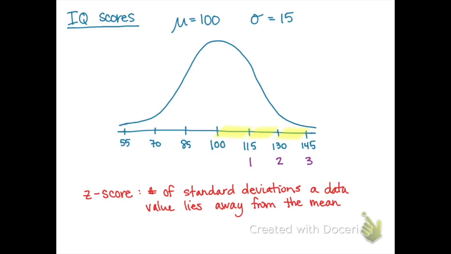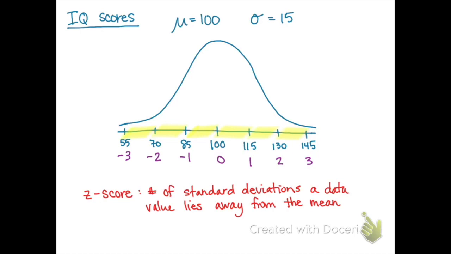The mean value of 100 will have a z-score of 0, and the value of 85, although it lies 1 standard deviation from the mean, due to the fact that 85 is less than the mean of 100, our z-score will be -1. 70 will have a z-score of -2 because 70 lies 2 standard deviations below the mean, and 55 would have a z-score of -3 because 55 lies 3 standard deviations below the mean.